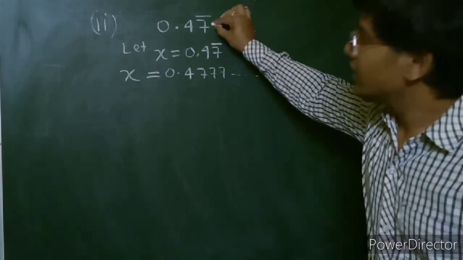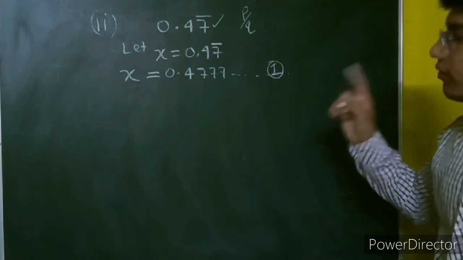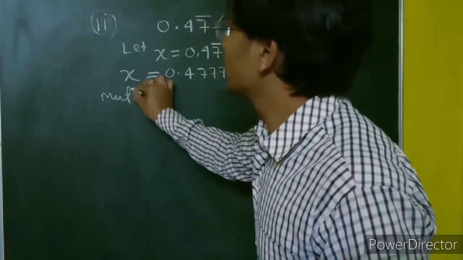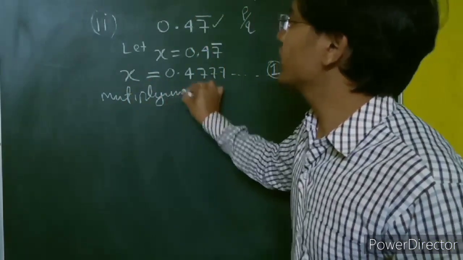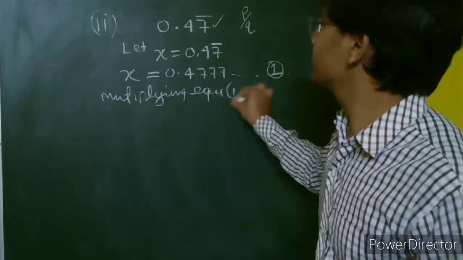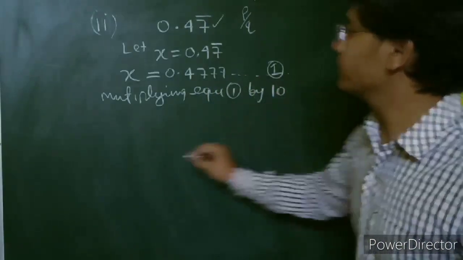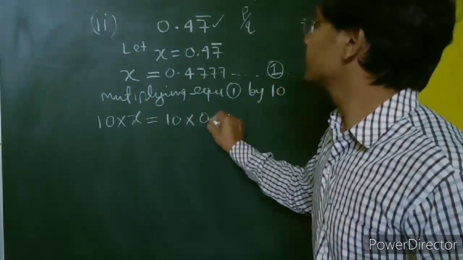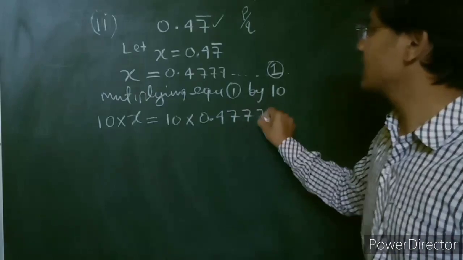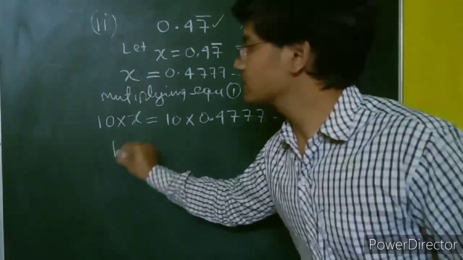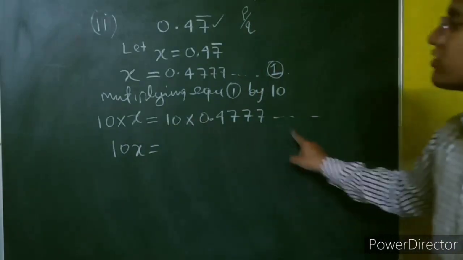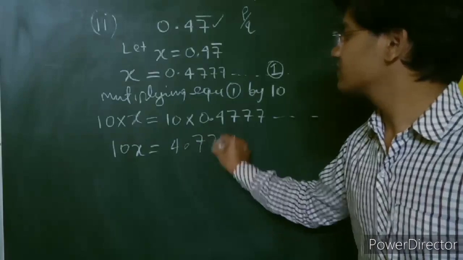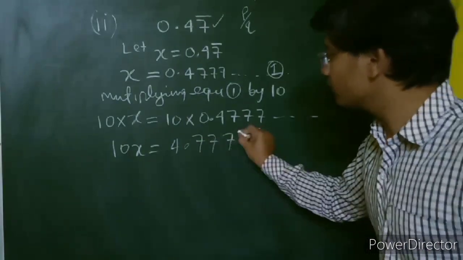Now see here, the bar is on 7, so the bar is on one digit. So we will multiply this equation, multiplying equation first by 10, so it will be 10 into x equals 10 into 0.4777... So 10 into x we will have 10x, and 10 into 0.477 we will have 4.777, and I will write one more 7.